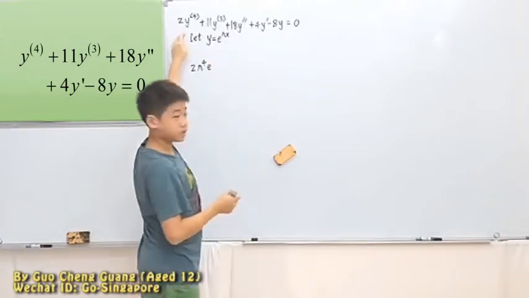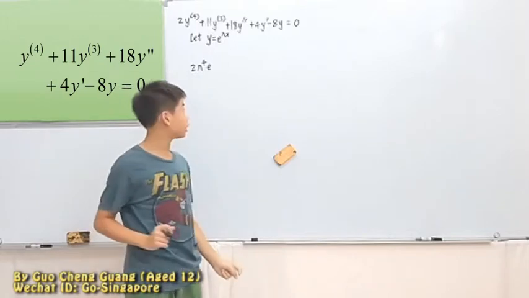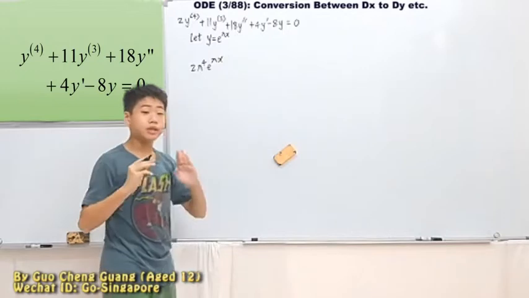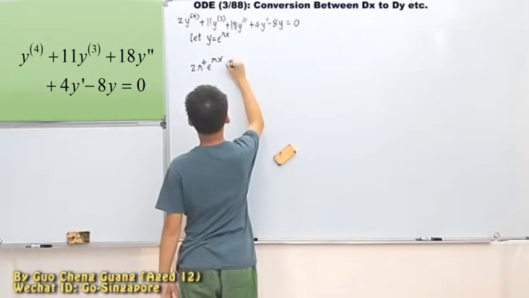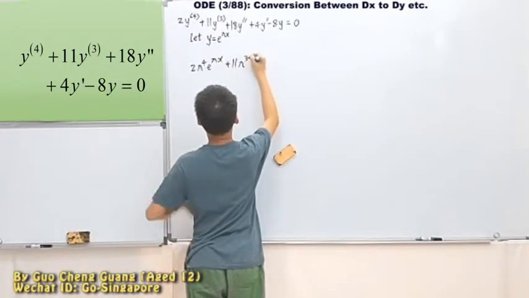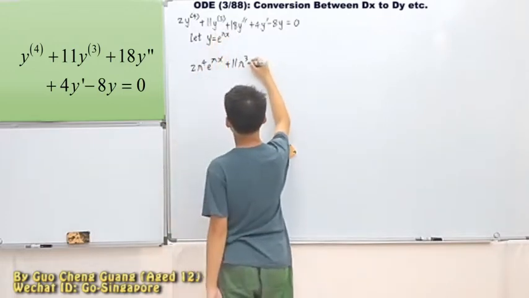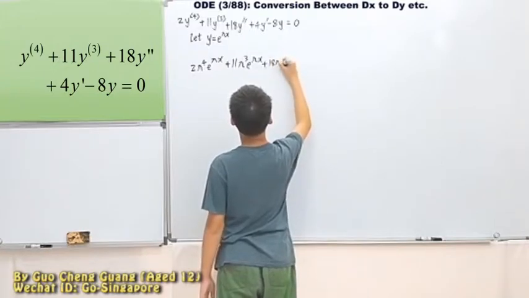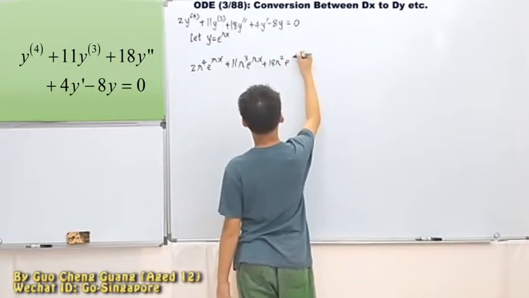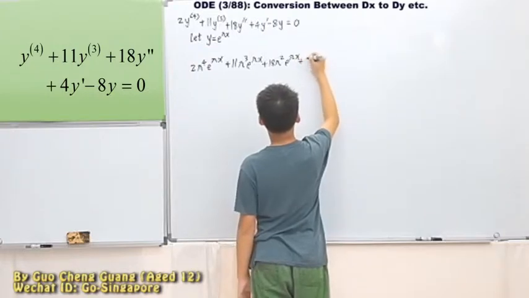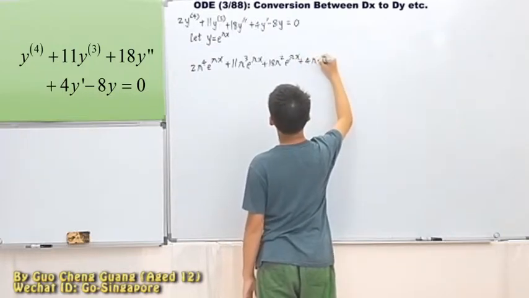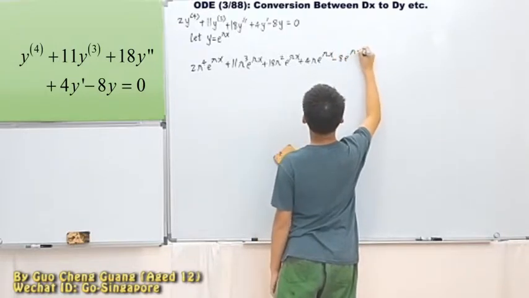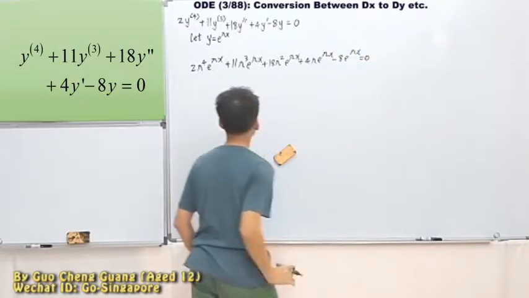So for this first part, where you differentiate 4 times, there will be lambda to the power of 4 times e to the power of lambda x. Differentiate 3 times, you get lambda to the power of 3. 2 times, you get lambda to the power of 2, and so on. So this is what you get.